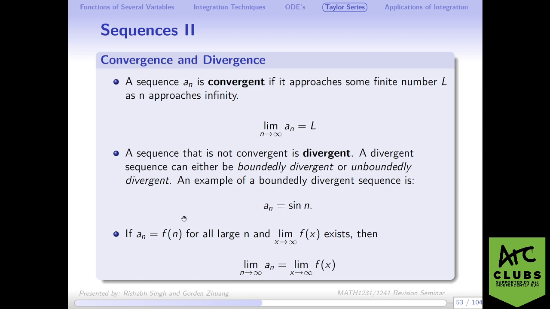If we have a rule for this sequence which applies for all large n, and if we take the limit of this function in terms of real numbers, and this limit exists, then we can say that the limit of the sequence is equal to the limit of the function. I think that's relatively intuitive. So if we have some rule and the rule is convergent, then the sequence is convergent.